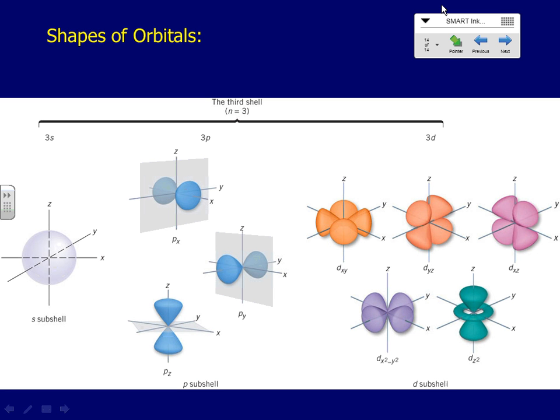There are f orbitals, g orbitals, h orbitals, and as you can imagine, the complexity grows with each next level. In this course, we will only be dealing with s, p, and d orbitals. I will mention f orbitals, but we won't be solving problems with them.